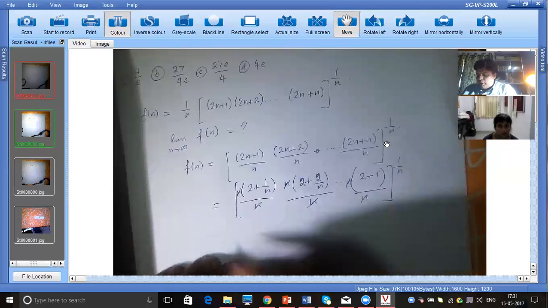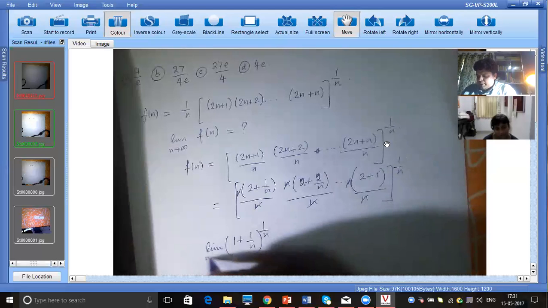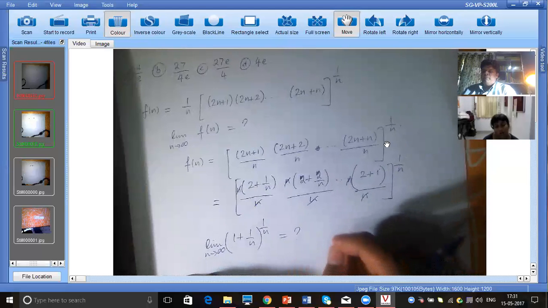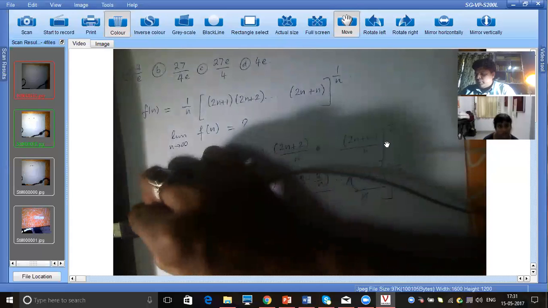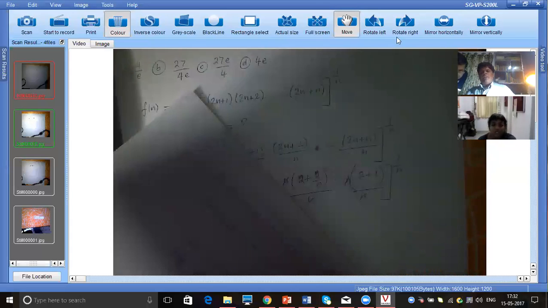Now here's the question. 1 plus 1 by n whole to the 1 by n, in the limit as n goes to infinity, equals what? It's 1, right? Is it 1? 1 by infinity, just 1 plus 1.